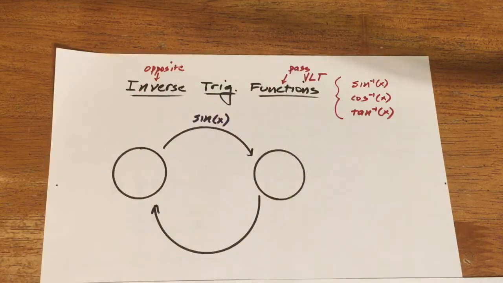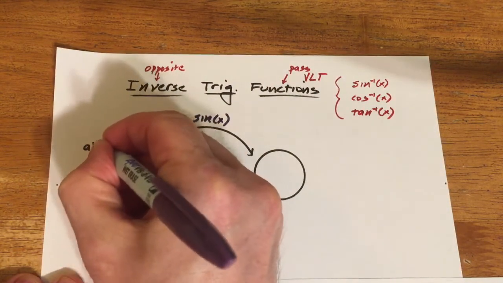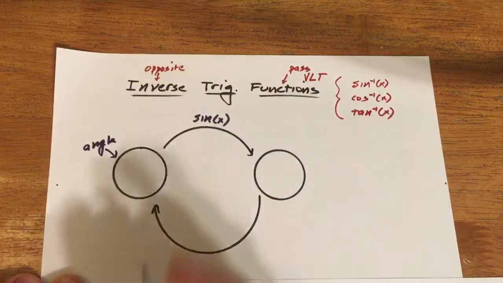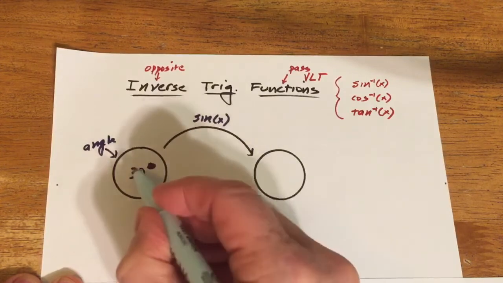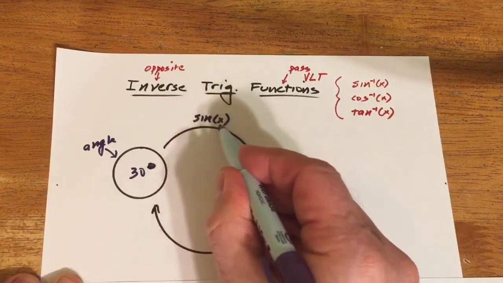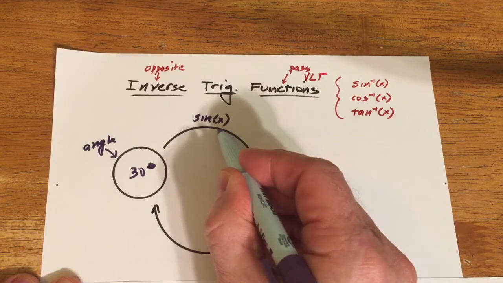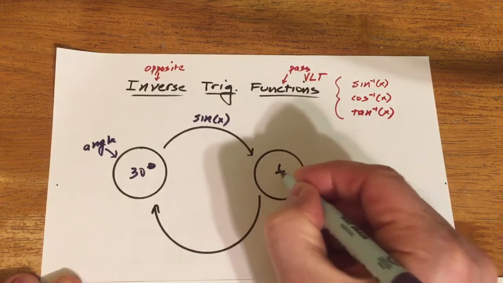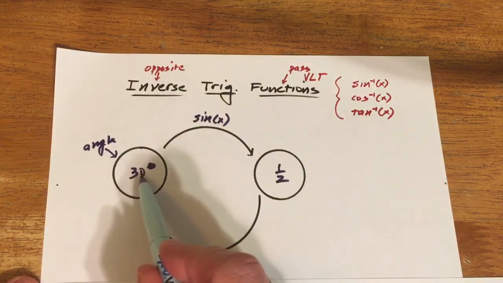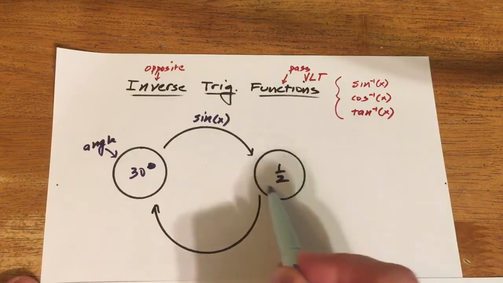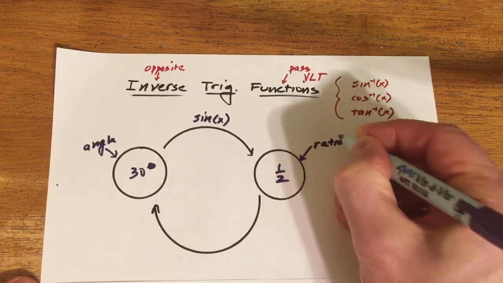And suppose that we start with an angle of 30 degrees. Well, if we plug in the 30 for x here, and we do sine of 30, think about your unit circle, your value should be a half. So that's what sine does. Sine takes our angle and it makes it into the trig ratio, or fraction.